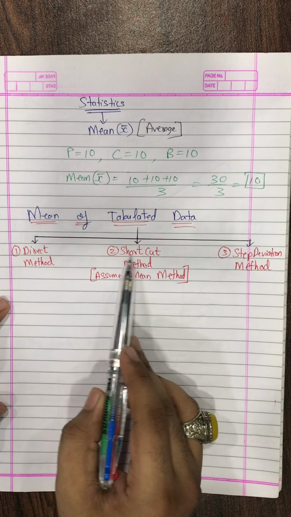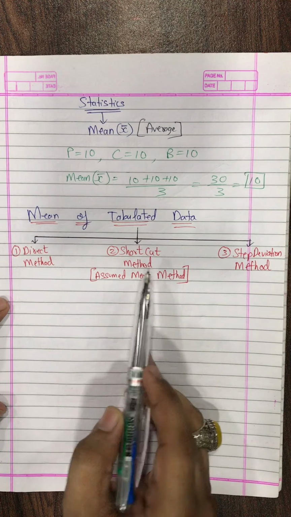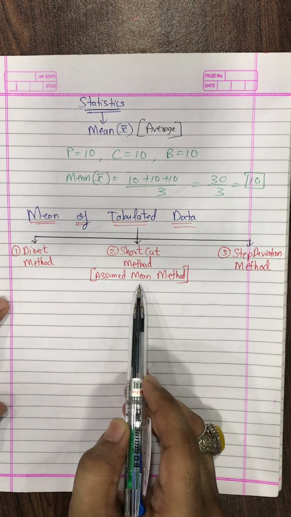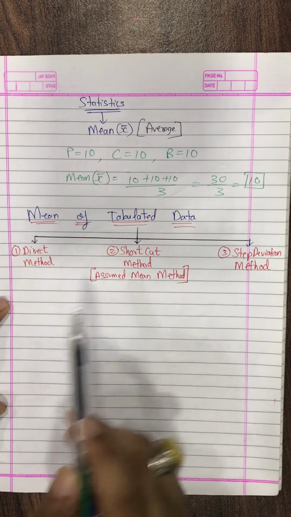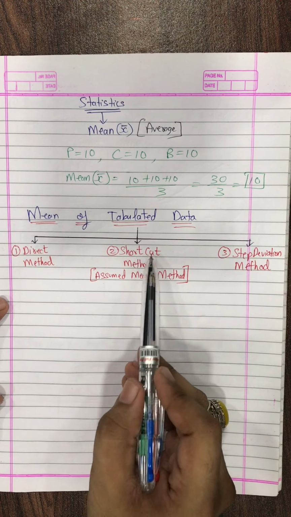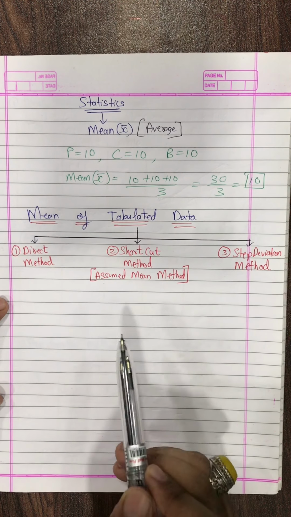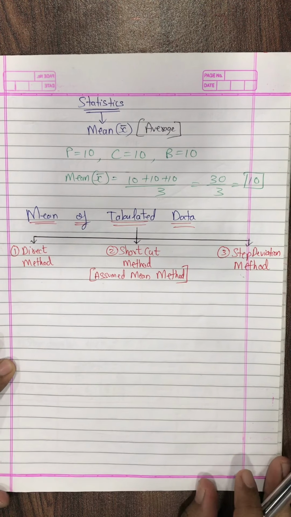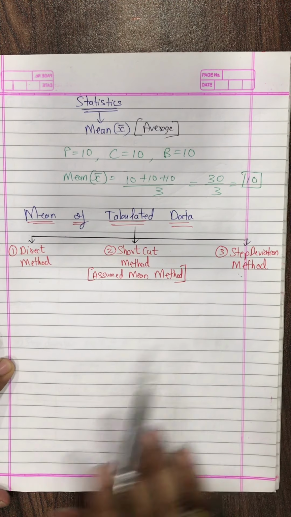The second method is the shortcut method, and another name for it is the assumed mean method. So either they will ask you the shortcut method, or the other name, the assumed mean method. And the third method, and I'll say the most important one, is the step deviation method.